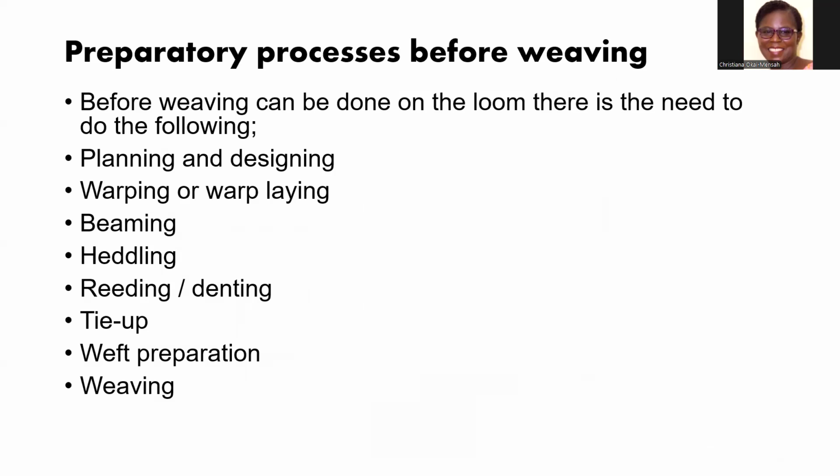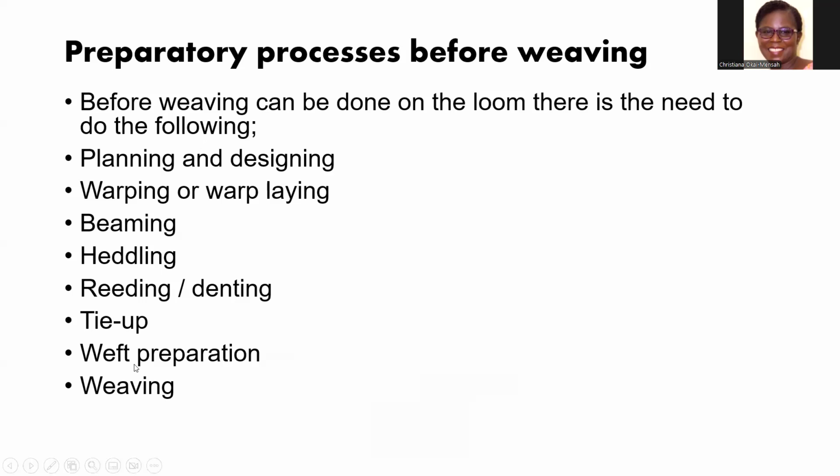So before weaving can be done on the loom, there is the need to do the following. So first is planning and designing. So it captures the factors. So the factor one, you are supposed to do your designing. Okay. So now planning and designing we have a whole lot that we're supposed to think about. You take it one after the other.